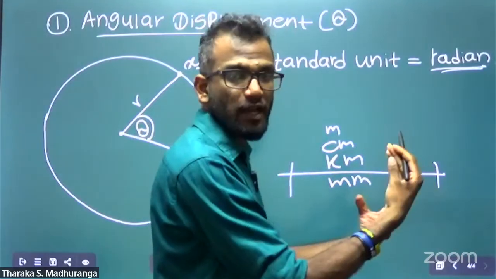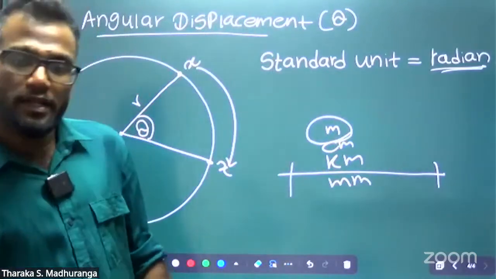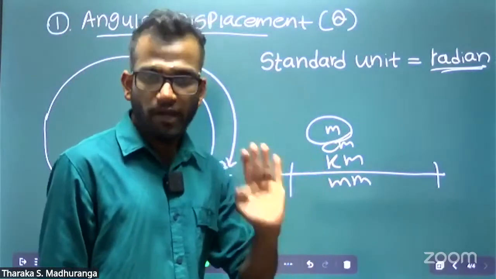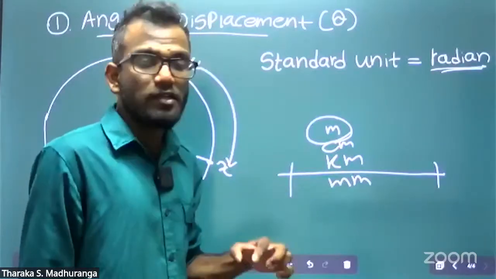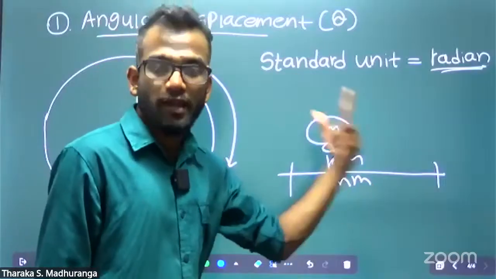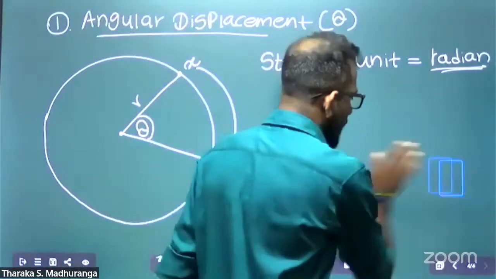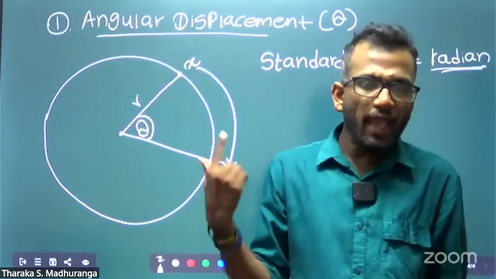But what is the standard unit? Meter. We have two units here, but the standard unit is radian. In the standard unit, you need to give the answer in radian. That's the rule. Then simply the angular displacement is the rotation angle.